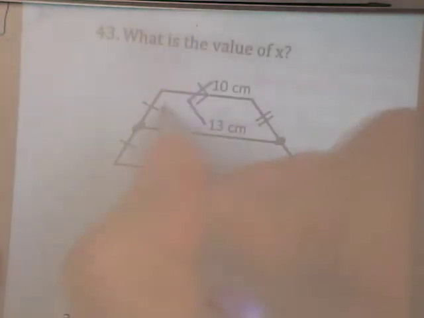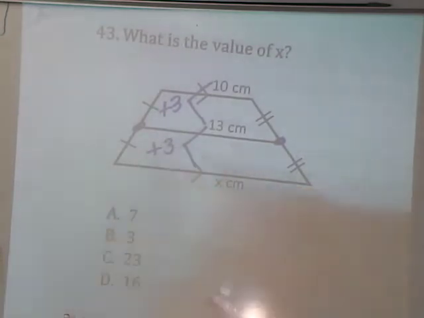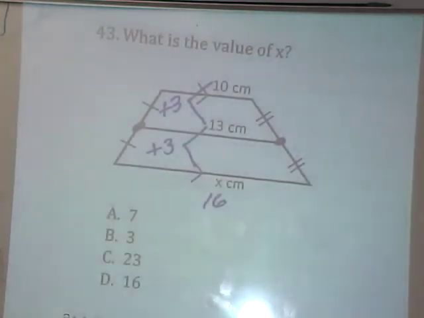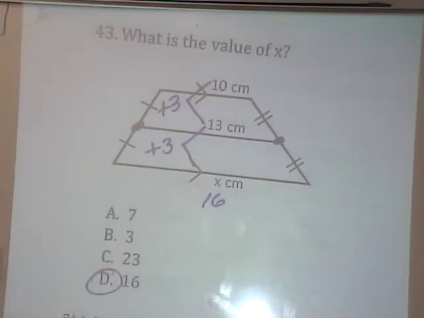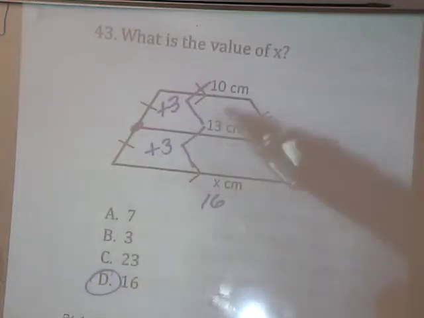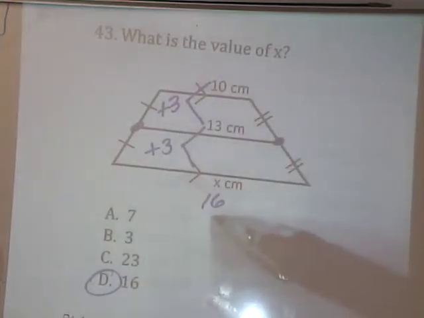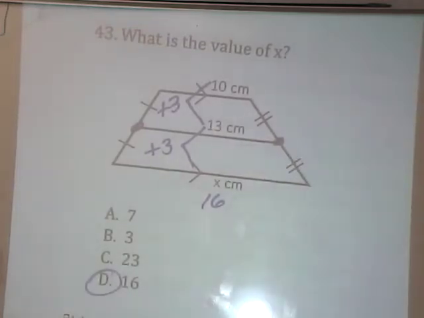Add 3, right? So if I add 3 again, I'll get 16. And we can check that by adding the two bases. What's 10 plus 16? 26. 26 divided by 2? 13. Questions on 43?